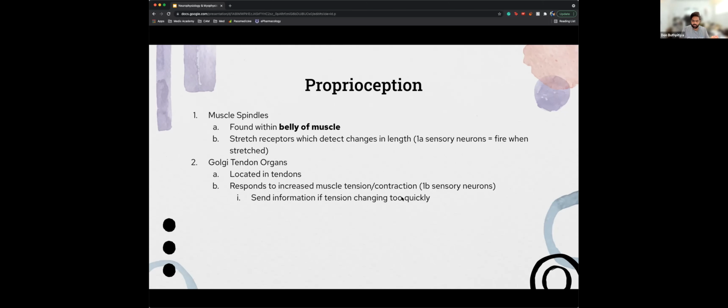So what these 1B sensory neurons do is they send information if tension's changing too quickly. Because at the end of the day, the attachments that our muscles make to our bones can come under a lot of stress. And if they come under a lot of stress too quickly, we might end up hurting ourselves. So that's why we have these tendon organs as well.